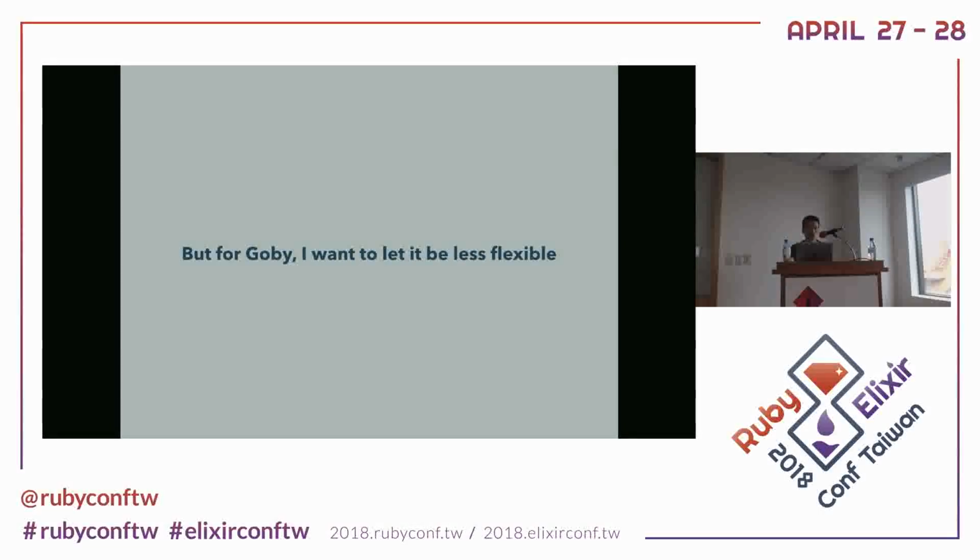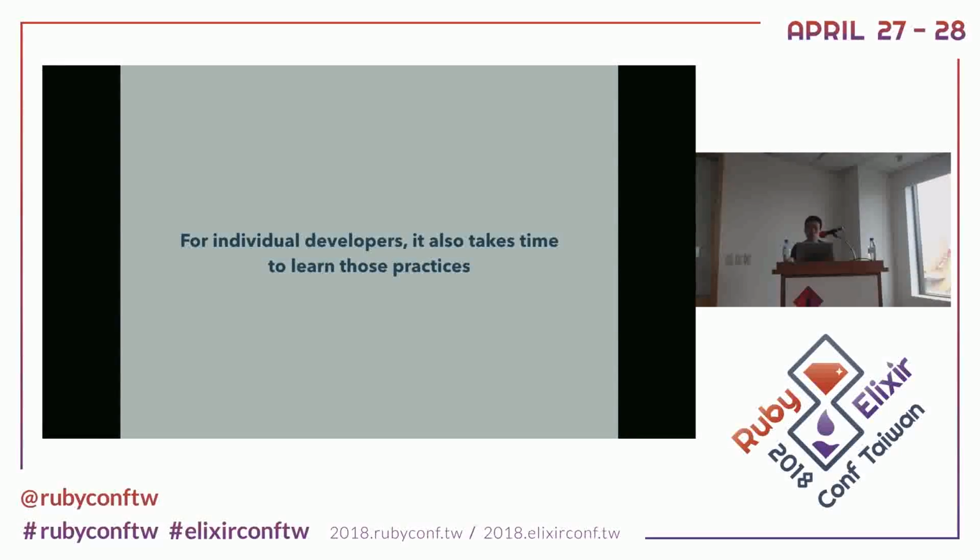But for Gobi, I want it to be less flexible because I'm sick of the best practices or style guides. First, it takes time for the community to create them. Also, for individual developers, it takes time to learn those practices. And most importantly, developers, including me, still need to adjust RuboCop settings by project after all this work.